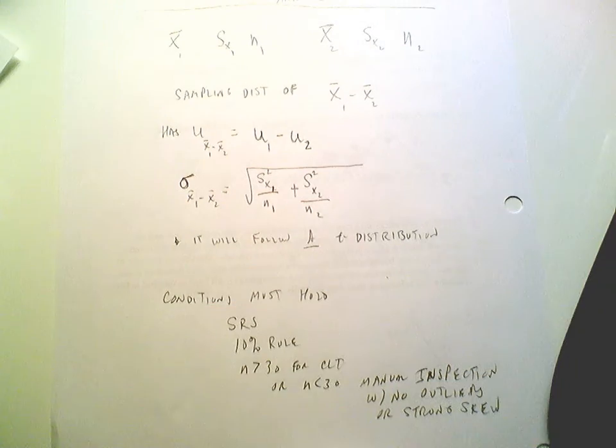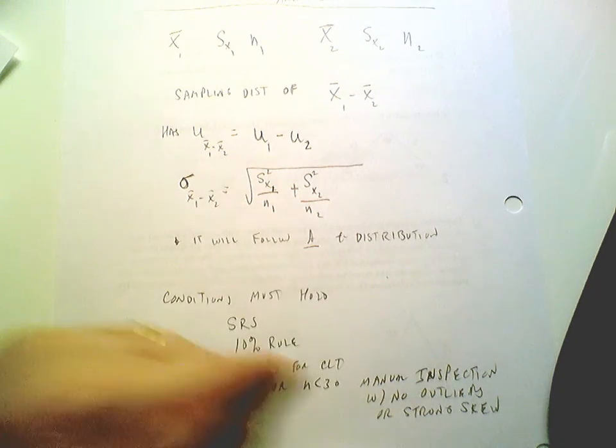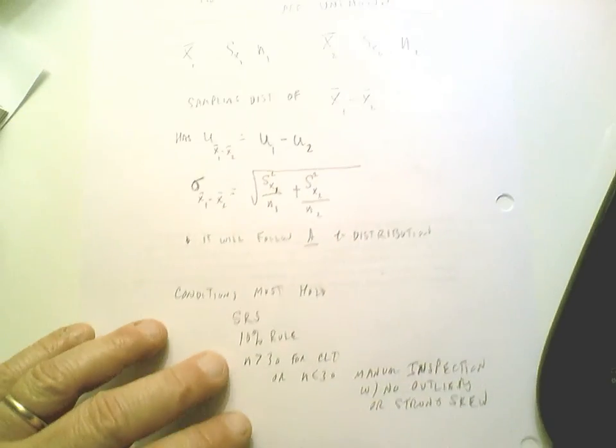And if our n value, our sample size, happens to be less than 30, we're going to have to fall back to the same thing we did in chapter 9. We need to do manual inspection. Make sure we see no outliers in our sample data, and we see no strong skewing in our sample data. If that flies, then we are welcome to work with our t-distribution.